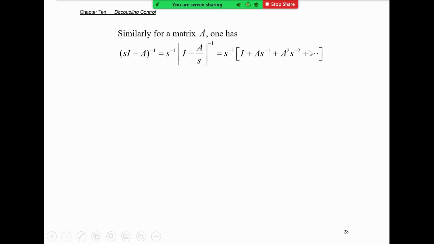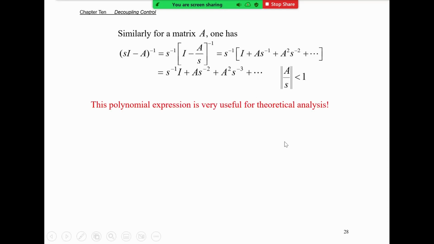This can also be done by long division, and you can verify that. This polynomial expression is very useful for theoretical analysis, because originally we have this inverse, but now it just becomes a summation, which is simpler and easier to analyze.